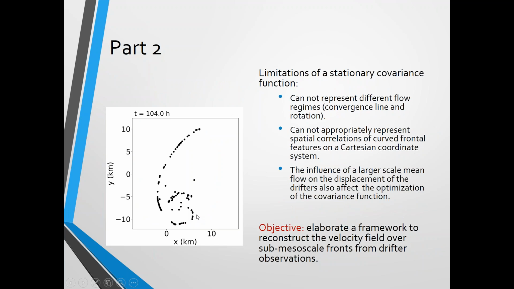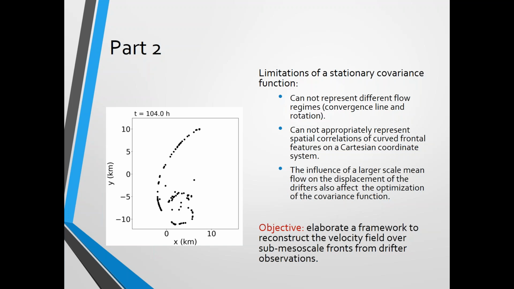And I identified a few problems for why this is happening. The first is the limitation of a stationary covariance function, which means that my correlation scales don't vary in time or in space. They are constant everywhere. They have the same correlations.